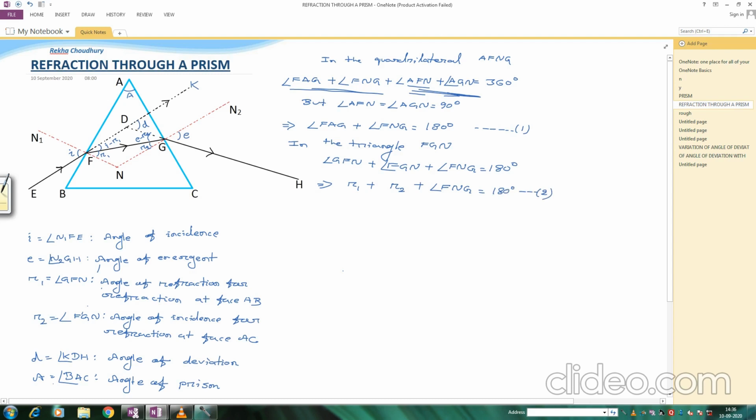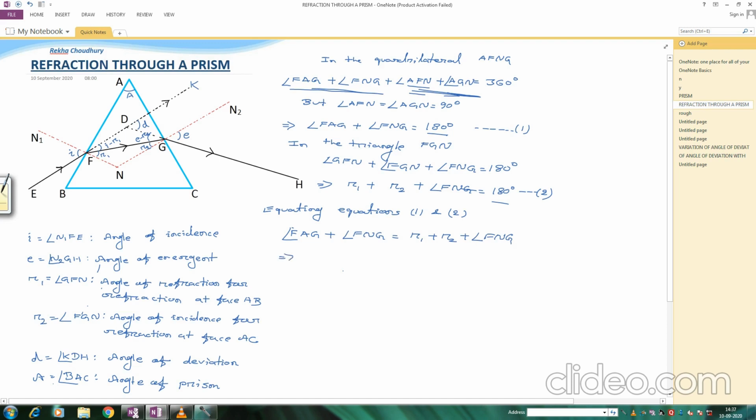Now from equations 1 and 2, the right sides of both equations are equal. So equating equations 1 and 2, we get angle FAG plus angle FNG is equal to R1 plus R2 plus FNG.